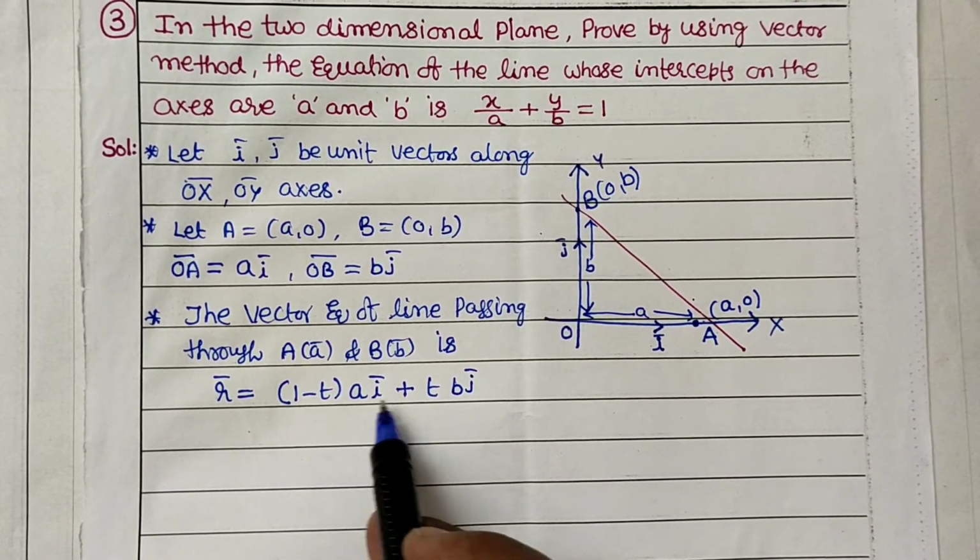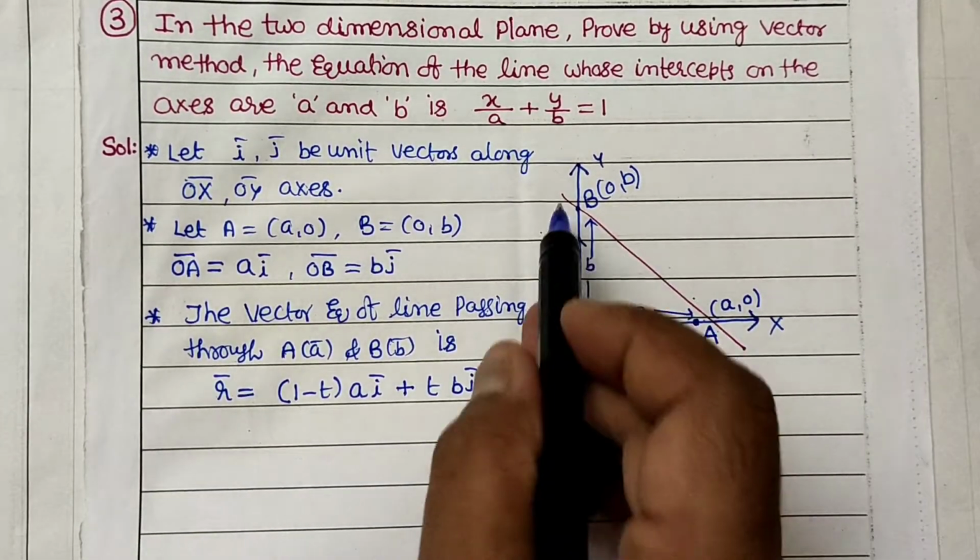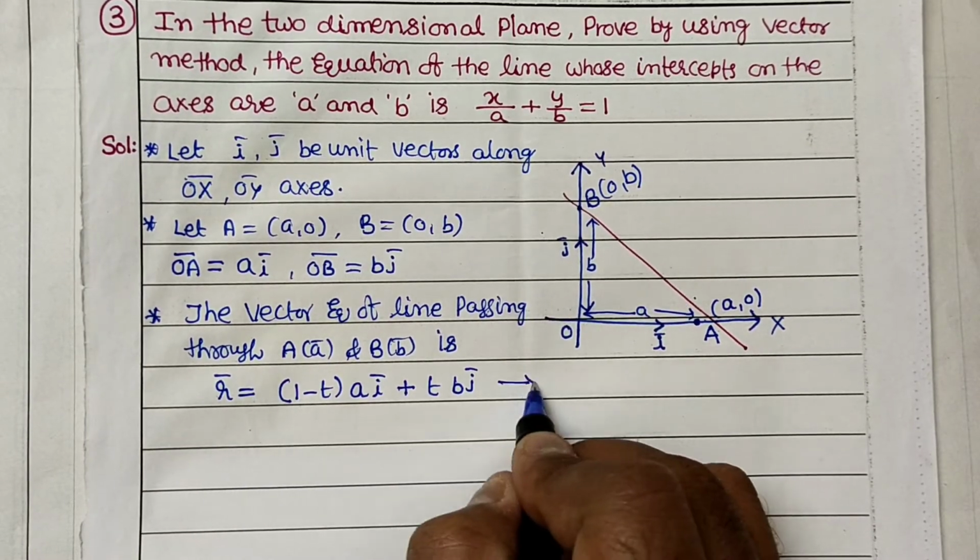Generally here OA bar and OB bar will come. So put as equation number 1.